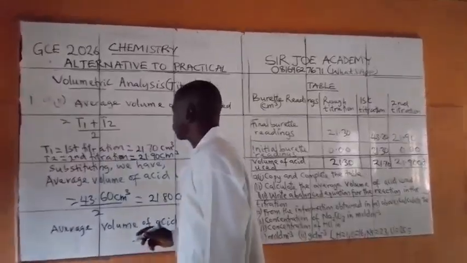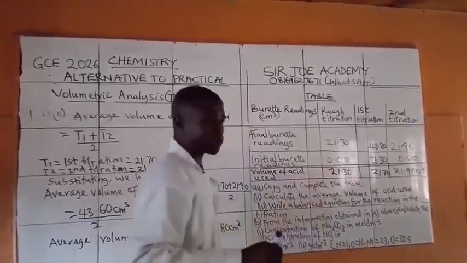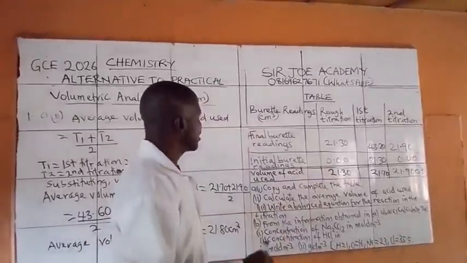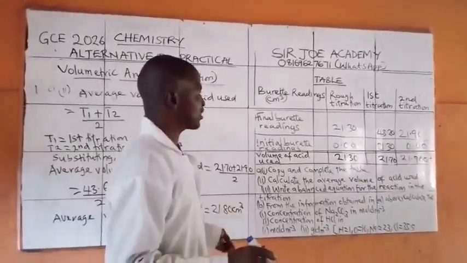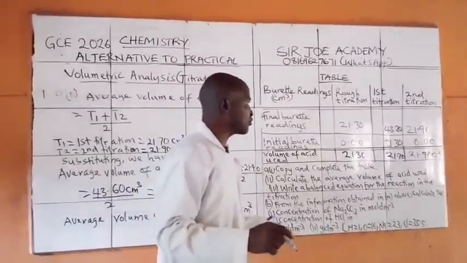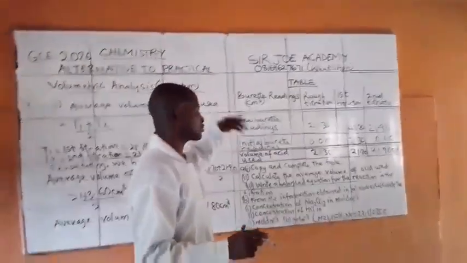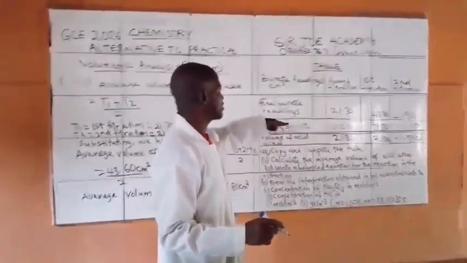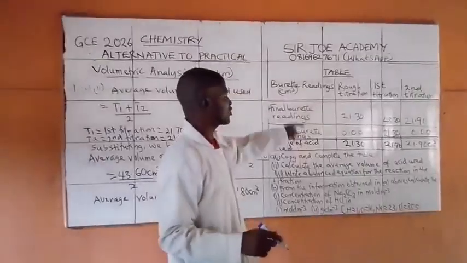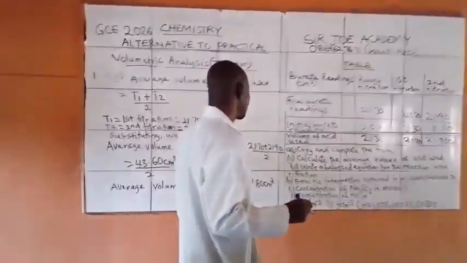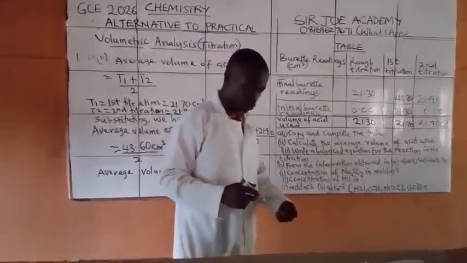Now we divide by 2 because we use the first and second titrations. The rough titration is not considered, it's not used in the calculation. And if we have 3 titrations after rough titration, it means that it has to be divided by 3. In this case, we have rough titration, first titration, and second titration, so the average is taken by dividing by 2.